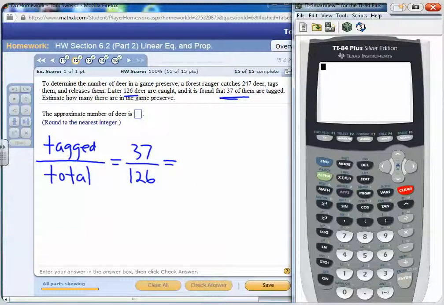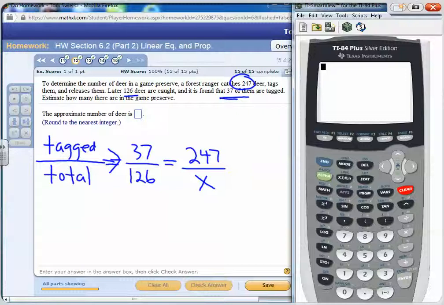Previously, the forest ranger catches and tags all 247. So 247 is in the numerator, represents tags. And to get a total, that would be the number in the denominator. That's the unknown, so we'll use the variable X. So we've got our proportion set up.